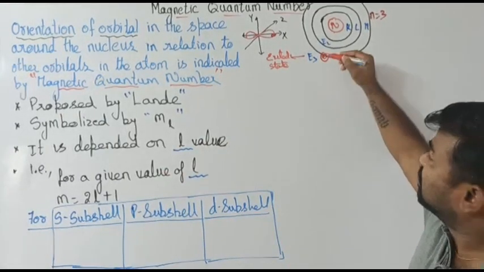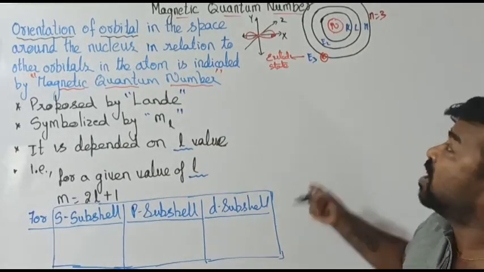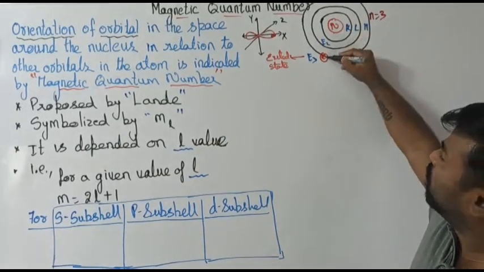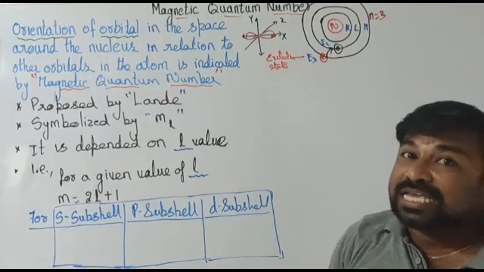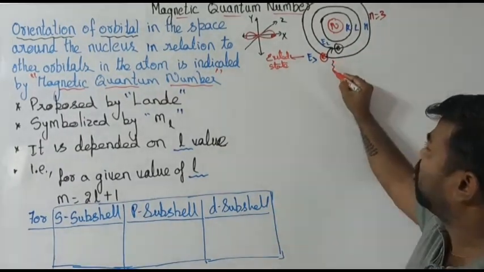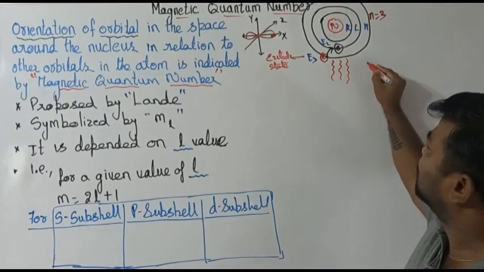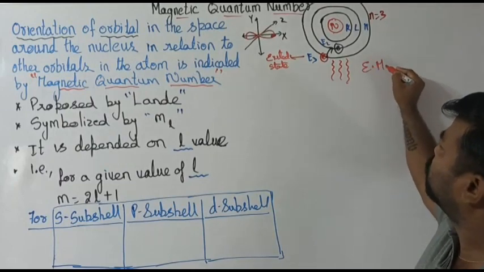In this process, when an electron jumps from a higher energy orbit to a lower energy orbit, it releases its energy in the form of electromagnetic radiation.